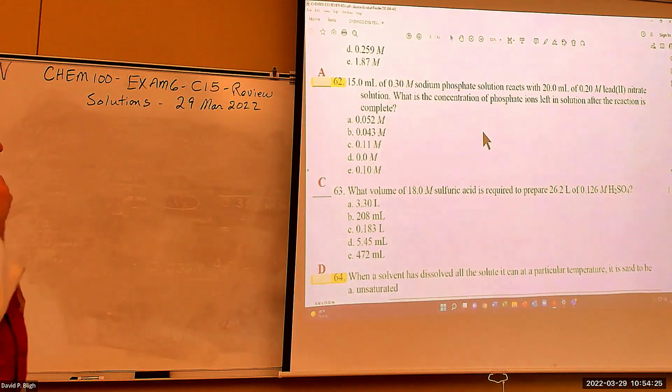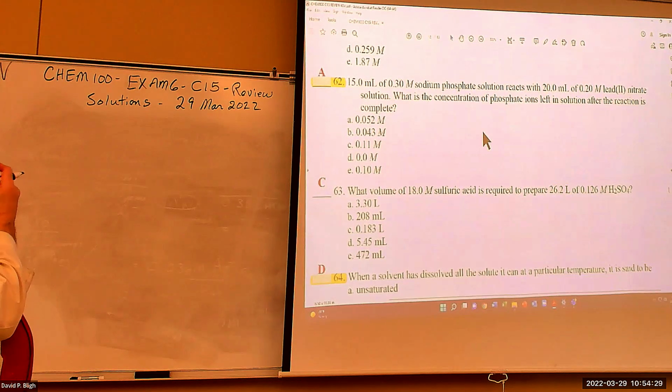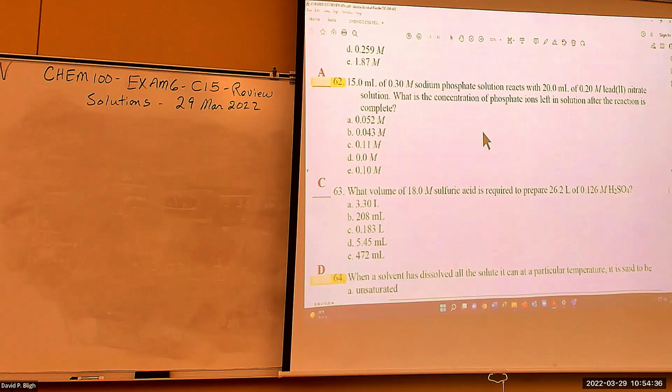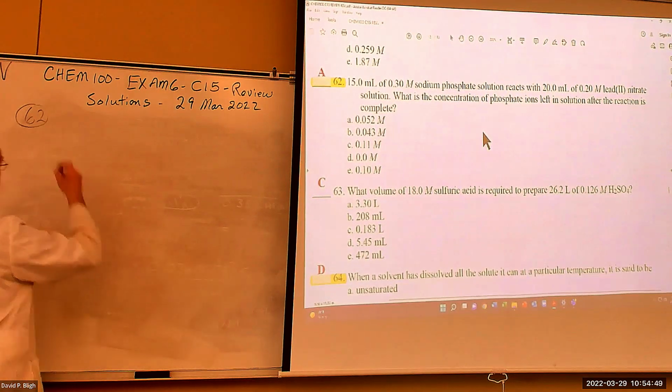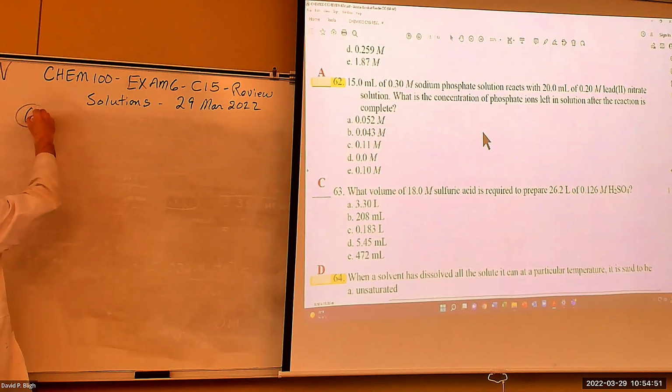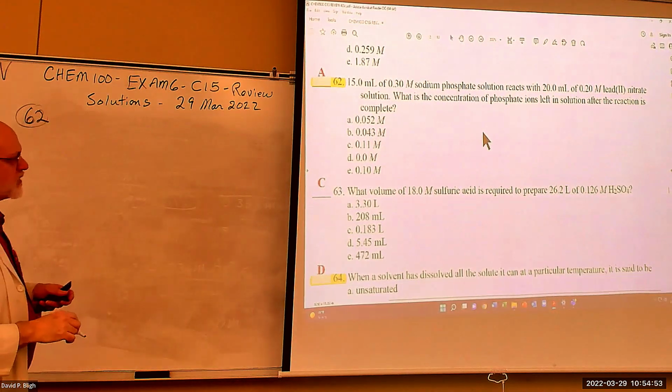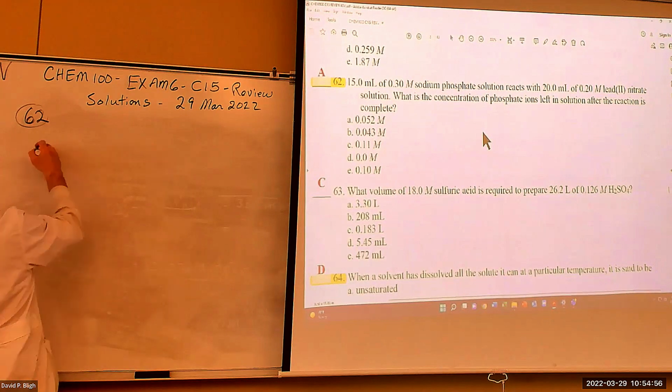Sodium phosphate reacts with lead nitrate. What's the concentration of phosphate ions left in solution? This is similar. It's a double replacement reaction. Lead 2 phosphate is insoluble, right? You would have a reaction between sodium phosphate.